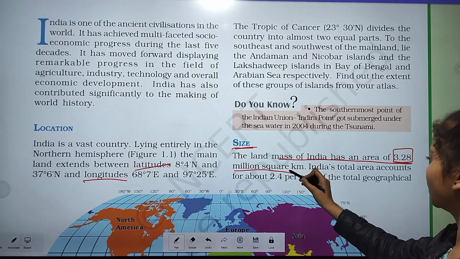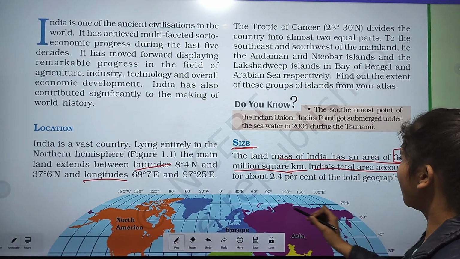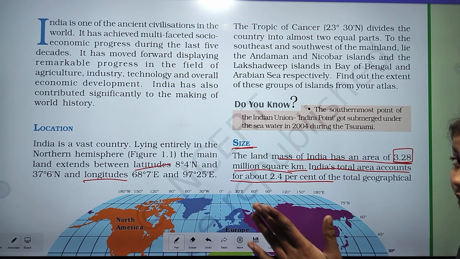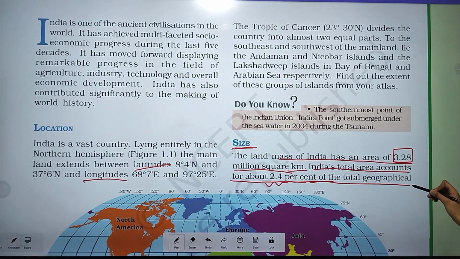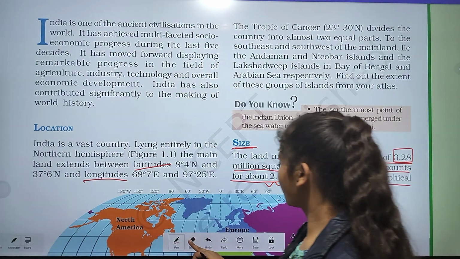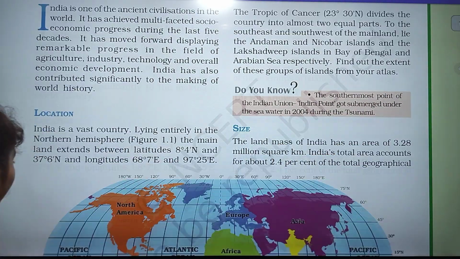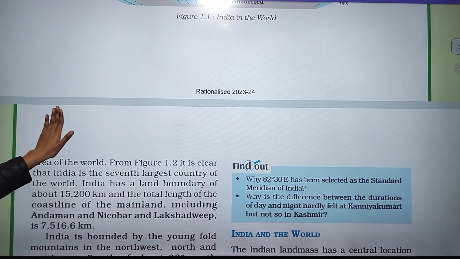That is 3.28 million square kilometer. India's total area accounts for about 2.4% of the total geographical area of the world.